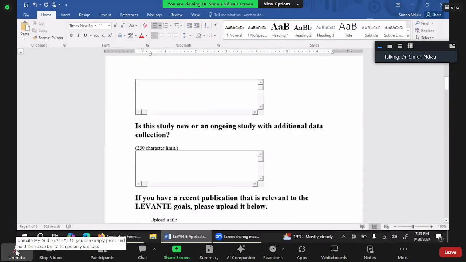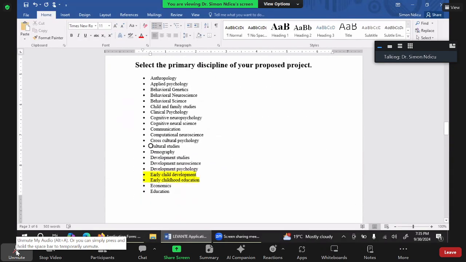So let me go to the drop down. So this is the list of the areas or the disciplines. It is the same list under primary and secondary. So I was trying to check the ones which are relevant to our call.